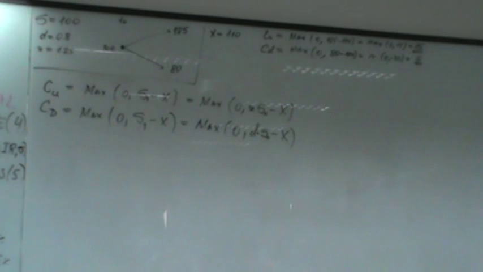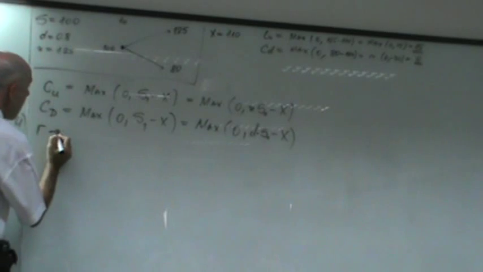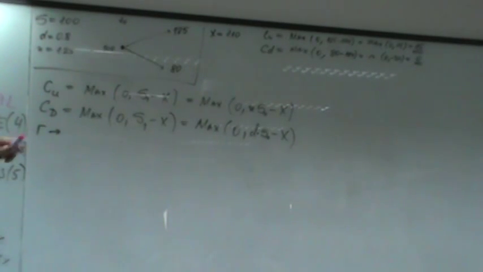Okay, the next part of the notation is R, and here in this notation, R is the risk-free rate.